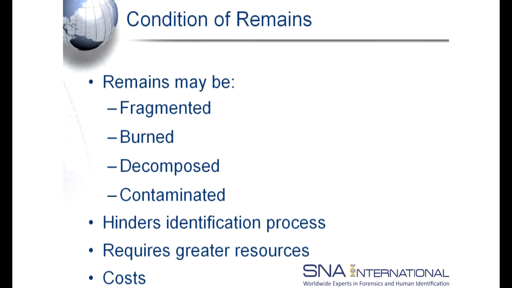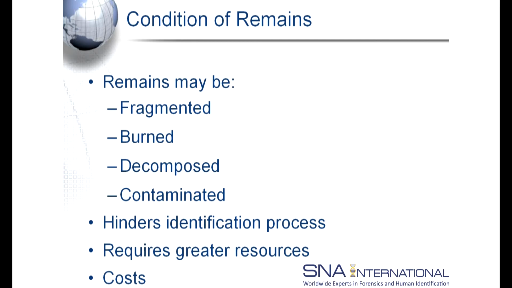Fragmentation can place a greater demand on the DNA effort as well, if the decision is made to identify each and every recovered remain. Burned and decomposed remains can hinder the identification process, as postmortem identifiers may be affected by the burning or decomposition, such as fingerprints, birthmarks, or scars.